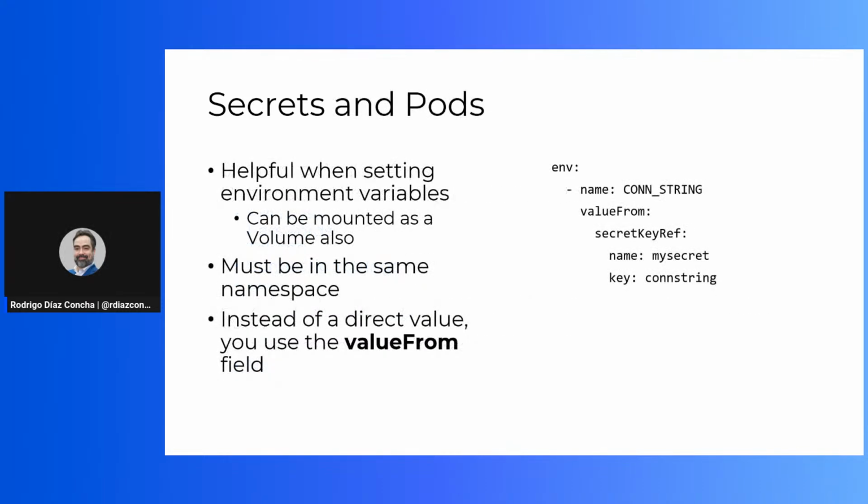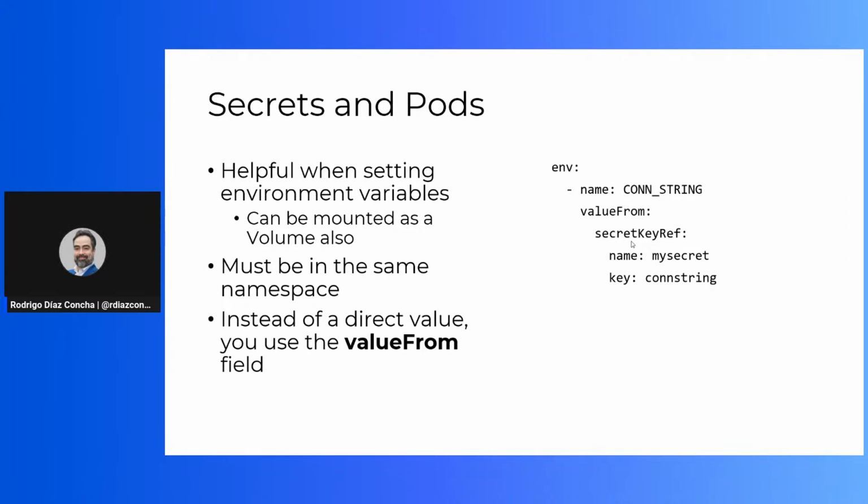Okay. And then we saw how to use config maps or secrets, and actually those are almost the same. As you can see here on the manifest at the right side of the screen, I'm using valueFrom for this environment variable, right? I'm injecting this environment variable, and the value comes from a secret, okay? Instead of just hard coding those values inside the manifest files.